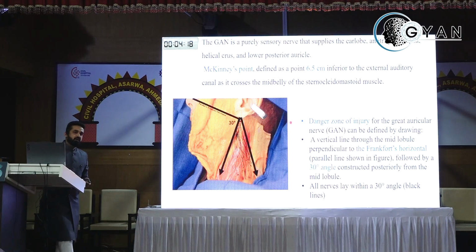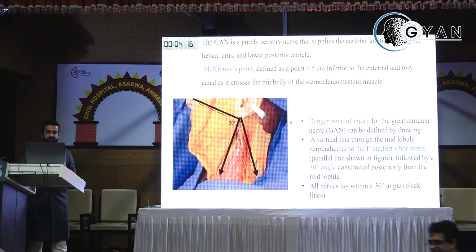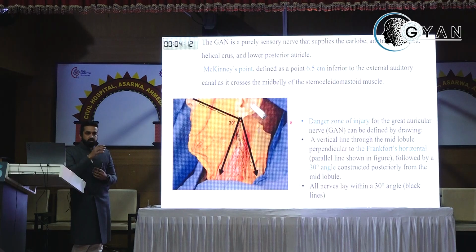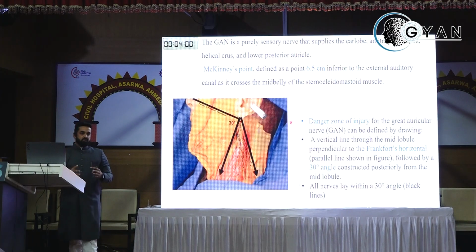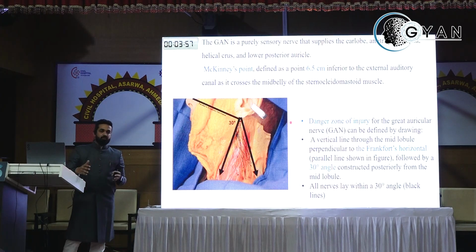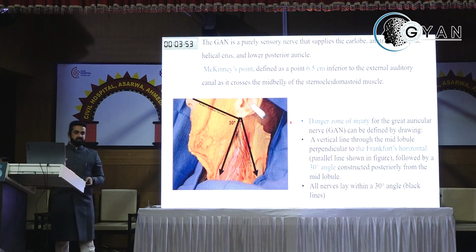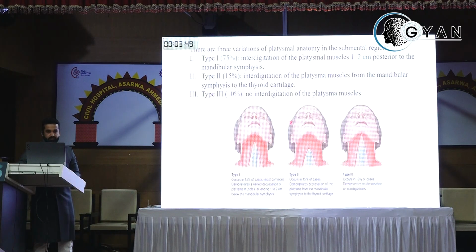And if you want to mark the danger zone, you have to drop a perpendicular from the lobule, which is 90 degree to the Frankfurt's horizontal plane, and again draw a line which is at a 30 degree from this perpendicular. So under this triangle you will find all the important nerves. So it will give you an understanding that you have to keep it extremely safe.